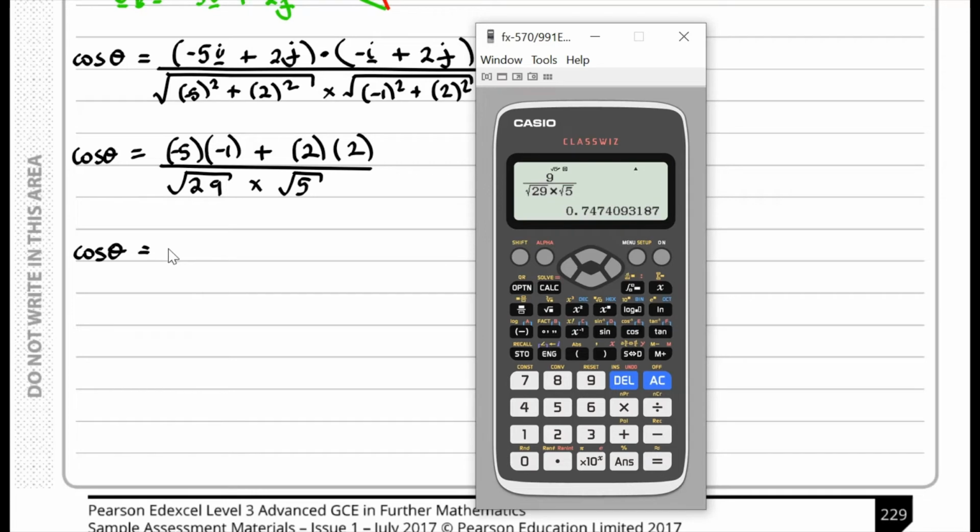So cos theta is equal to 0.747 etc, and therefore theta, you'd find that to be 41.6 etc. To the nearest degree, we have 42 degrees.